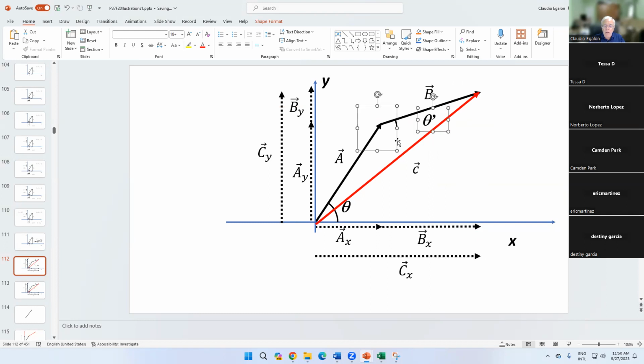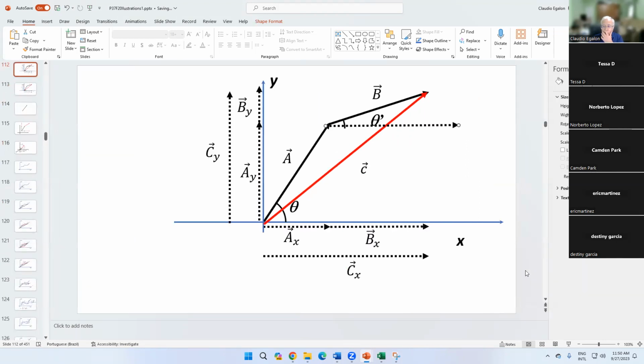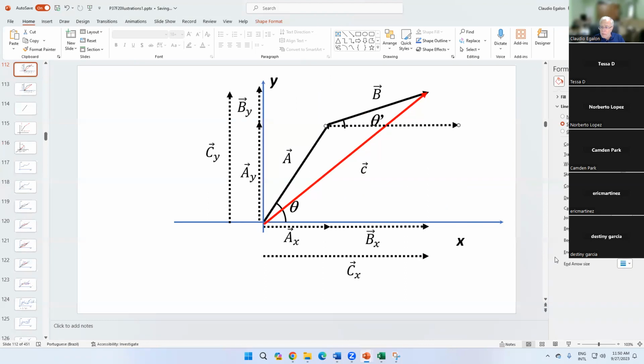I'm going to take out the arrow there at the tip. Format shape. Yeah, that's good. Okay.